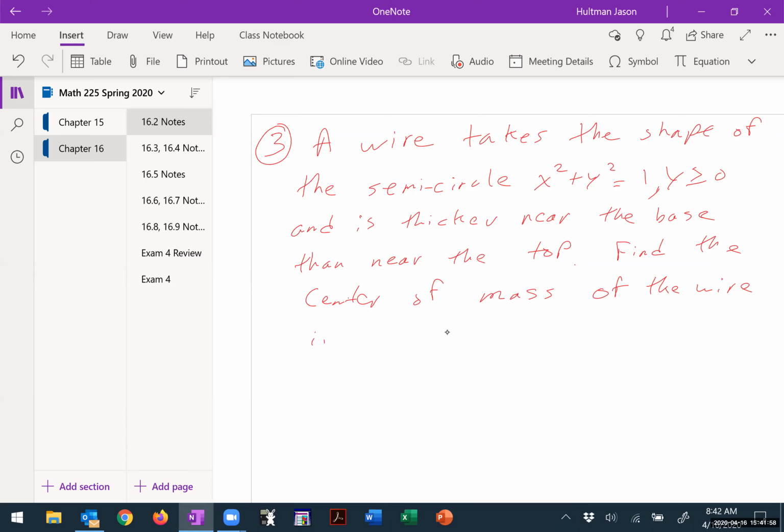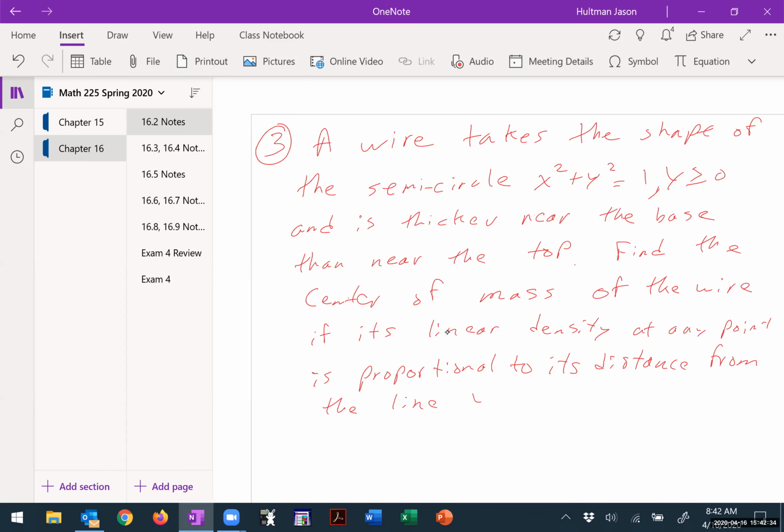if the linear density at any point is proportional to its distance from the line y equals 1.